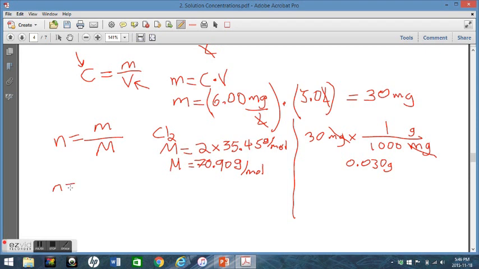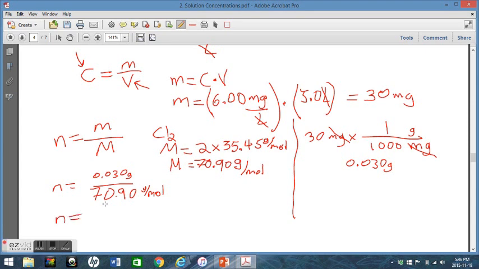Okay, so N now is equal to my mass in grams of 0.030 grams per, and then I've got, okay, 70.90 grams per mole. And you can already see, I hope, that this is going to turn into a very tiny amount of moles.